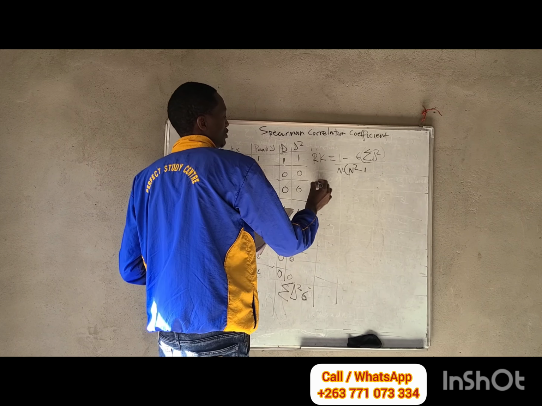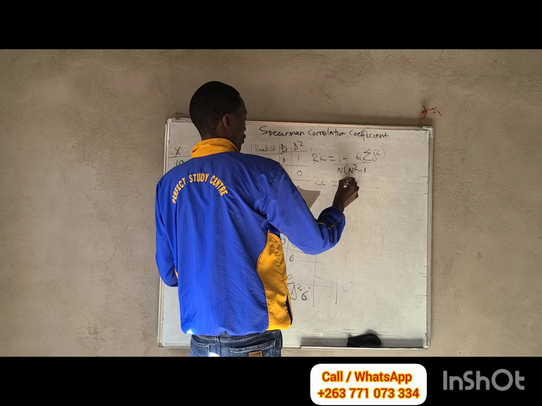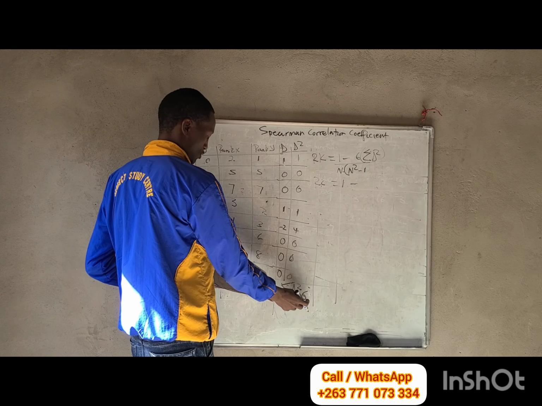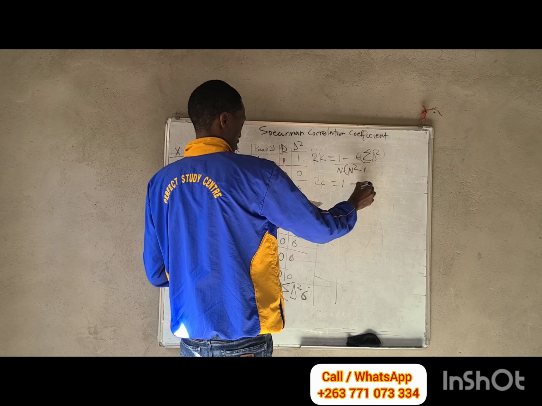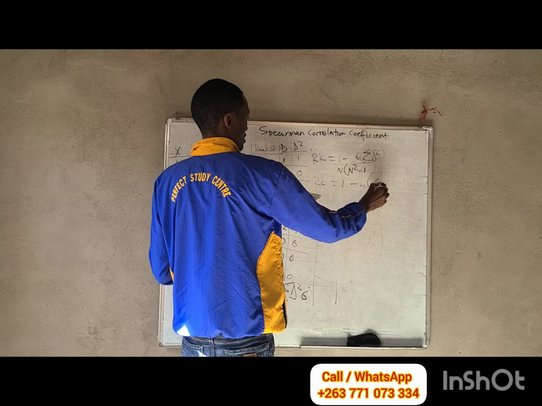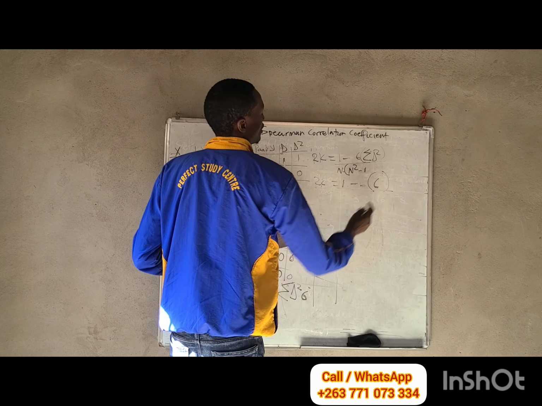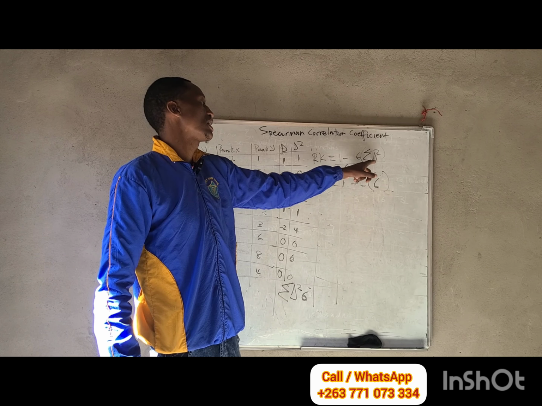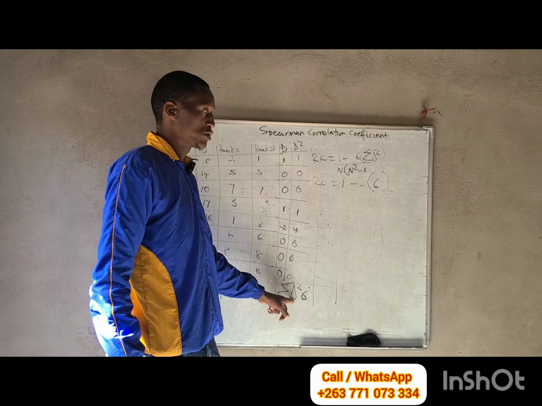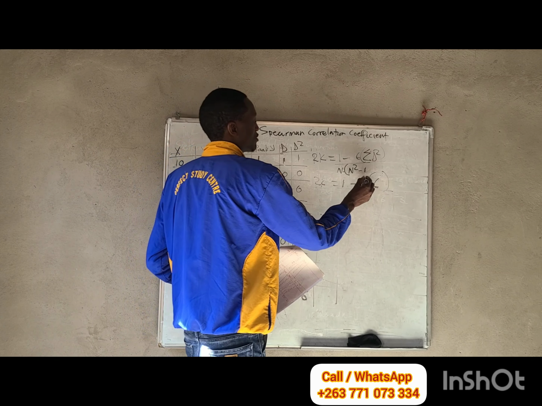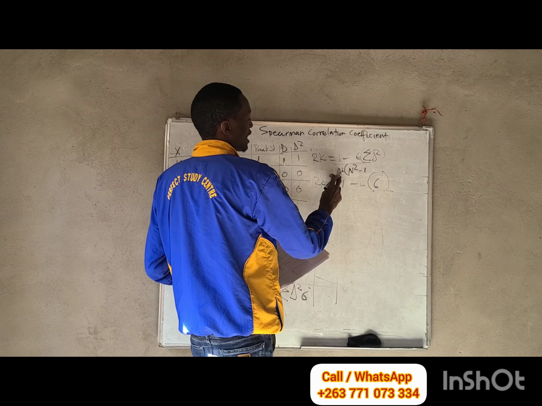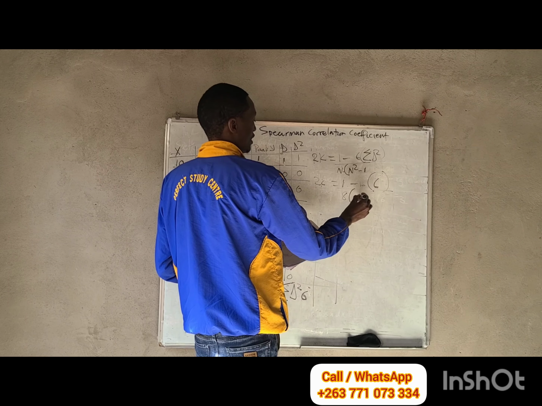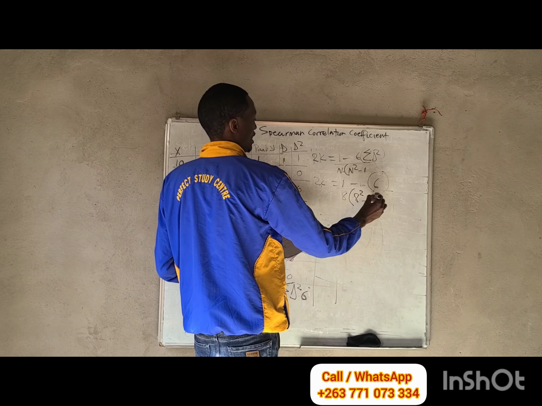We've got 6 here. The number of values was 8. So we have 8 multiplied by 8 squared minus 1.